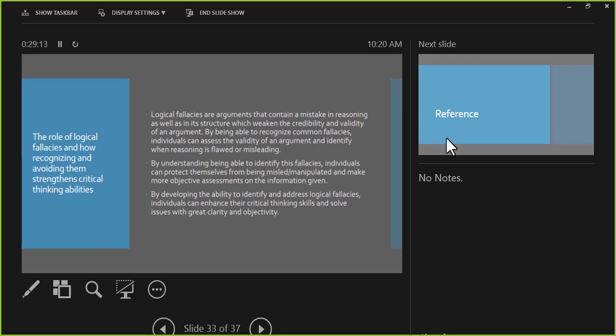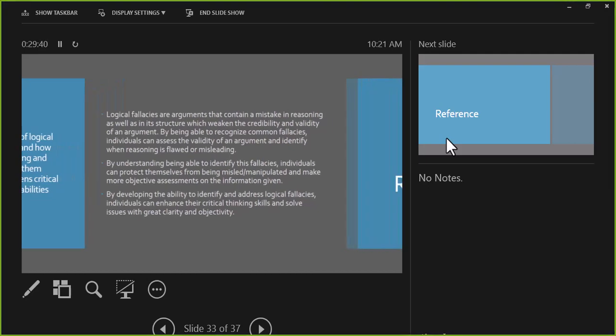And finally, by combining our logical reasoning skills as well as critical thinking skills, we can develop very well constructed arguments, because by using our logical skills, we can assess whether an argument is a fallacy or not, and then we can use our critical thinking skills to decide whether an argument is accurate or not, or clear or not.